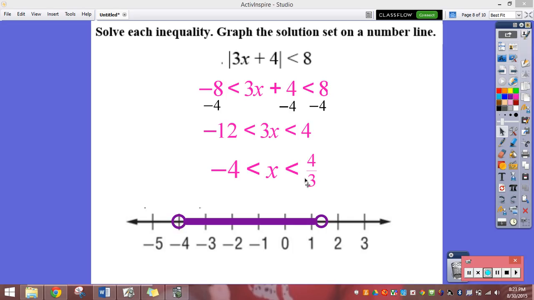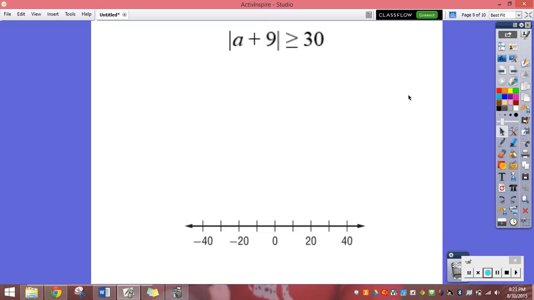Now that's a case where we're looking at less than. Let's look at an absolute value inequality involving greater than. With values greater than, if you think through it, there are two cases where you have values greater than, in this example, 30 units from 0.